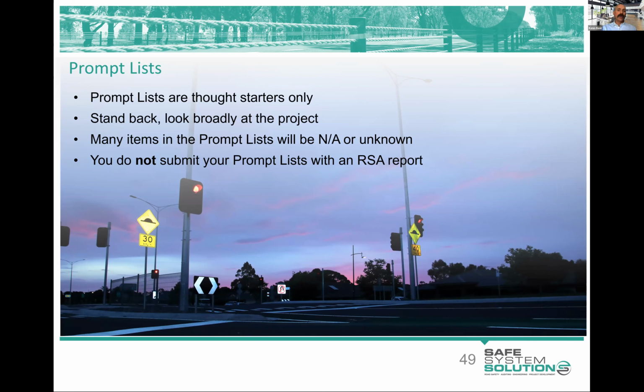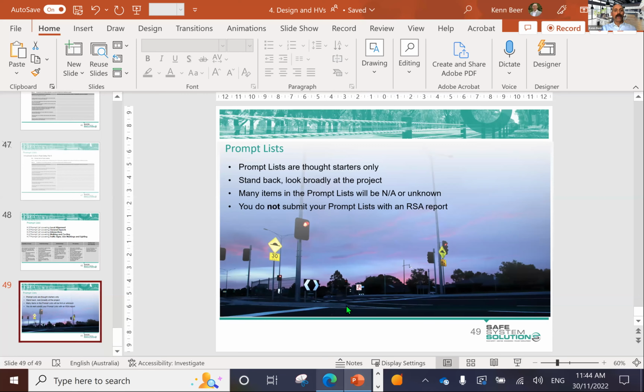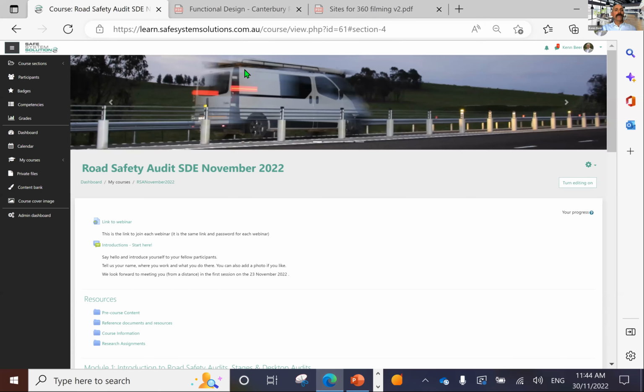It is an intentional change from checklist to prompt list in the terminology used in the recent guide, in order to reinforce that it's not like you just use this, check things off, audit done. They're just prompting thinking. So that's all I wanted to say on prompt lists, but I'm happy to take any questions anybody has on that as I swap over to the learning management system.